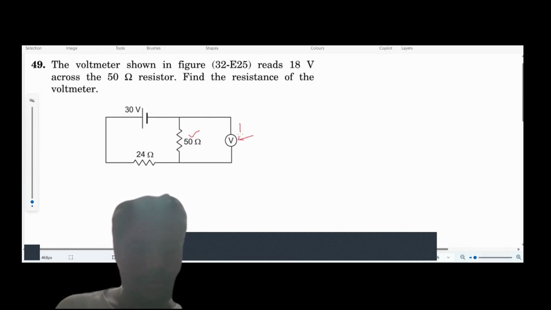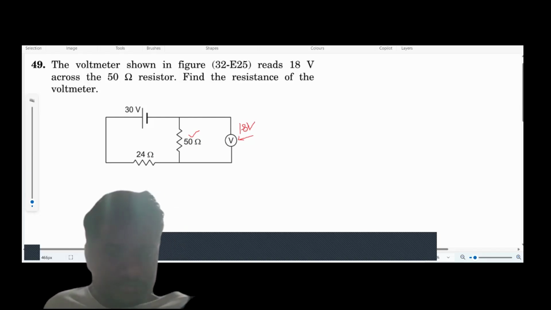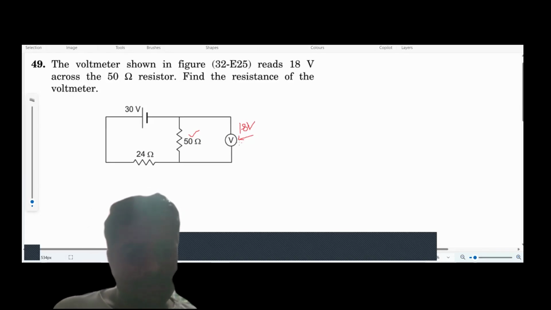It has been given that the voltmeter reading is 18 volt.